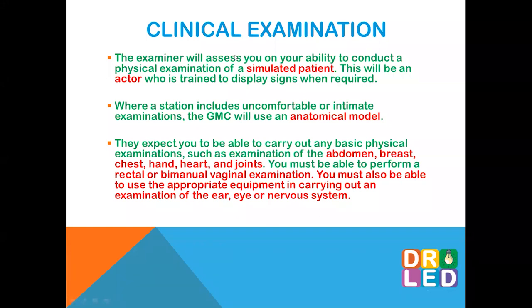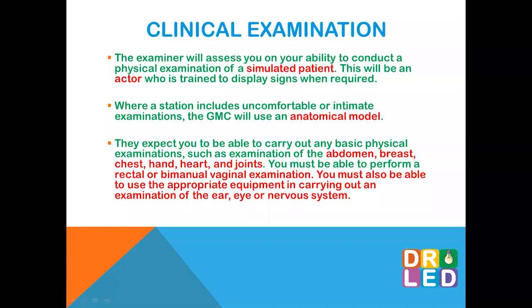For example, abdominal examination, breast examination, chest, hand, heart, and joints. You must be able to perform a rectal or bimanual examination. You must also be able to use the appropriate equipment in carrying out an examination of the ear, the eye, or the nervous system.